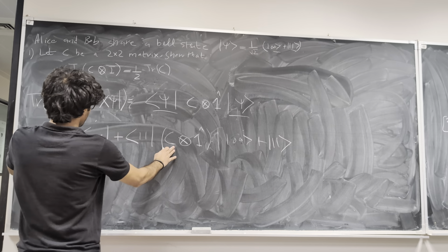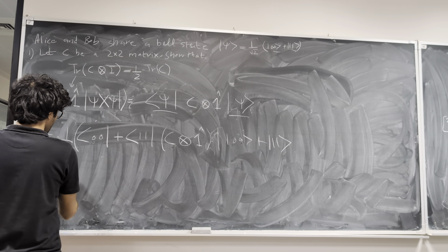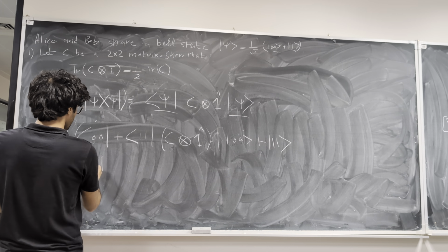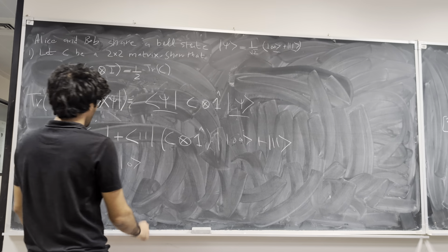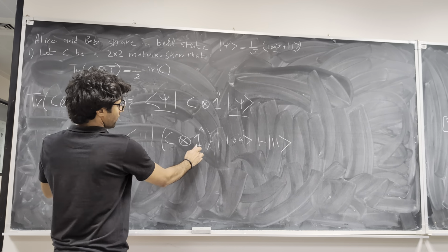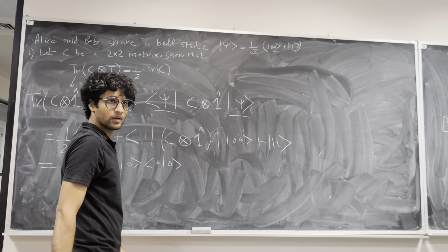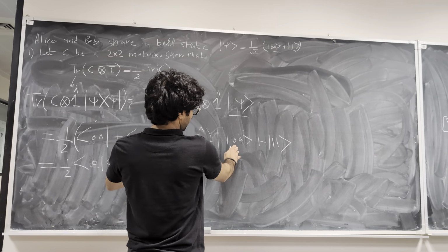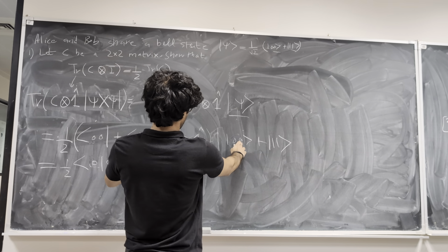Well, the Cx here. So I get 1 by 2 C, sorry, 0 C 0, and the other one would be 0 0, which is 1, right? Plus this is going to give me a 0, because 0 identity and 1, right?